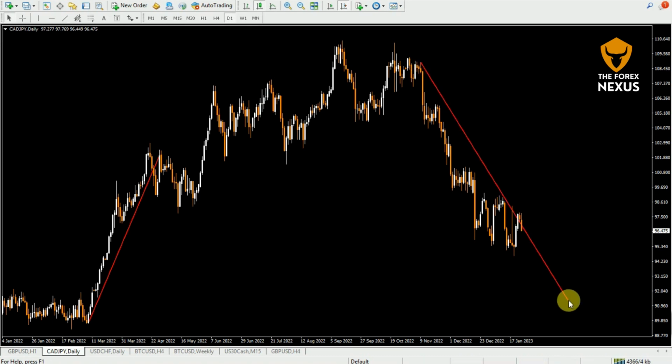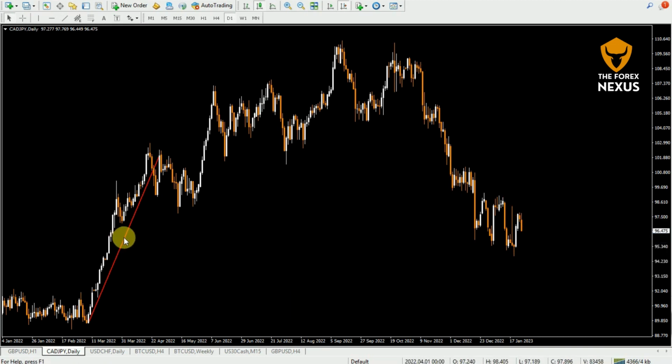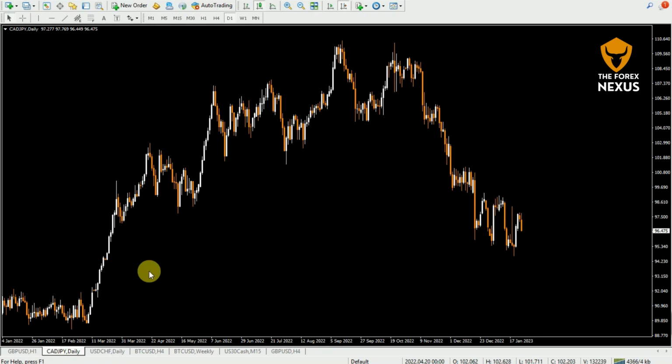In supply and demand strategy, support and resistance, most traders use trend lines to identify whether the trend is bullish or bearish.